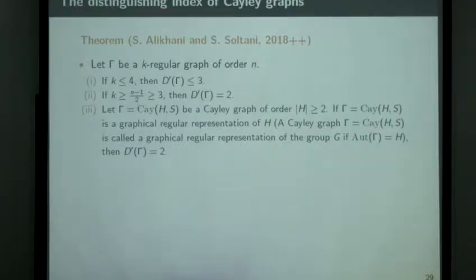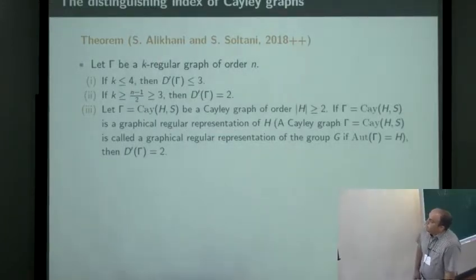And here you see some results on regular graphs. Let gamma be a k-regular graph. Obviously if k is less than or equal to 4, then the distinguishing index is less than or equal to 3. And if k is greater than or equal to this number, then the index of this k-regular graph is exactly 2.